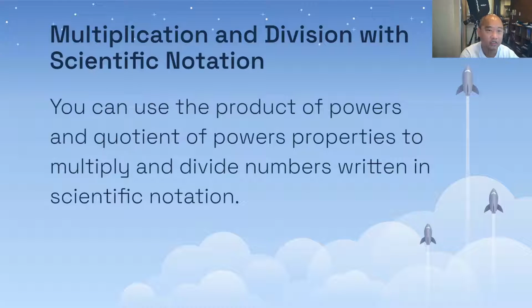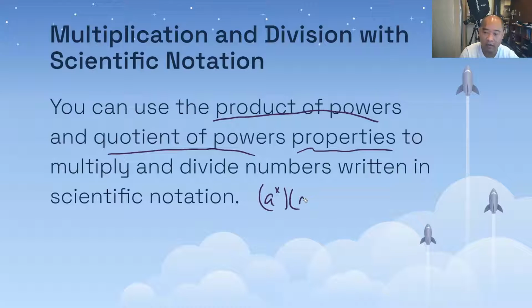So, as you remember, when you're multiplying or dividing with scientific notation, you can use the product of powers rule and the quotient of powers rule, or properties. Actually, not rules, they're properties. They are just saying that if you multiply two exponents with the same base, then the powers are just added, right?